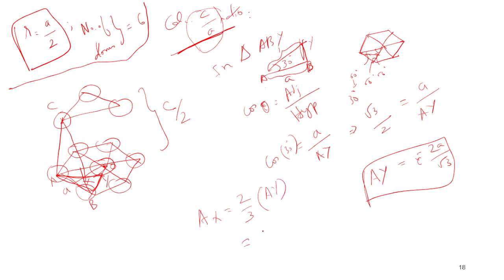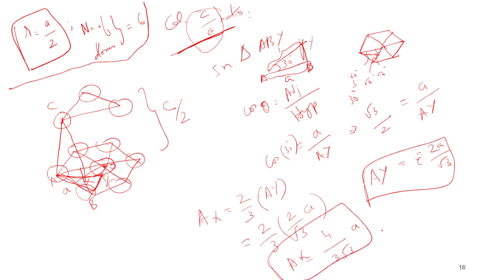So 2 by 3 into AY, which is 2a by root 3. So 4 by 3 root 3 into A. This is what we get for AX.